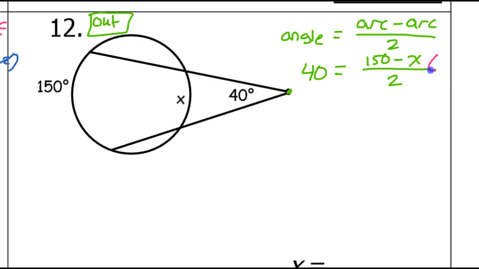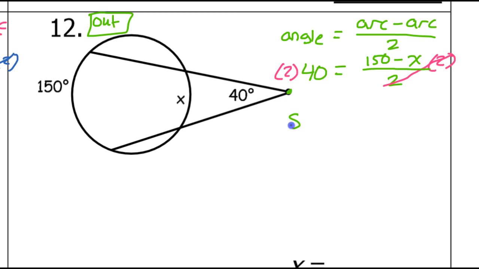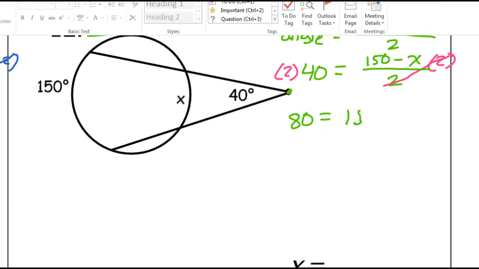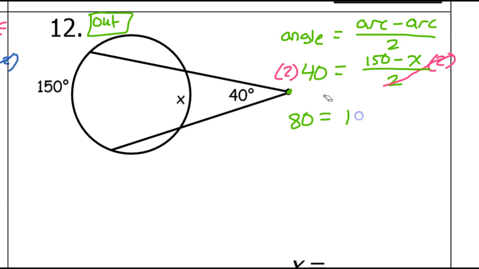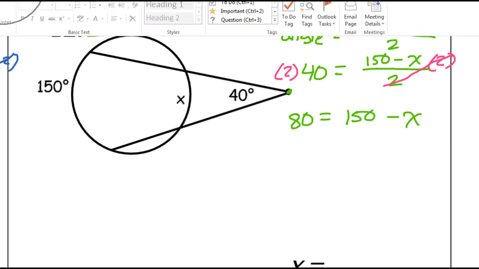Charlie, what do I do now? You multiply, all right? So here's where we're going to multiply both sides by 2. That way these are going to cancel each other out. And we're going to get 80 is equal to 150 minus X. All right, what do I do now, anybody?